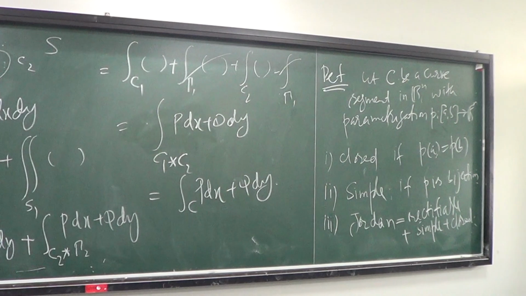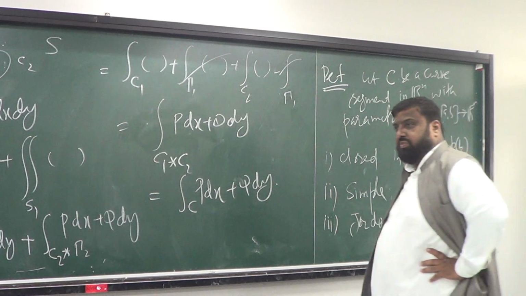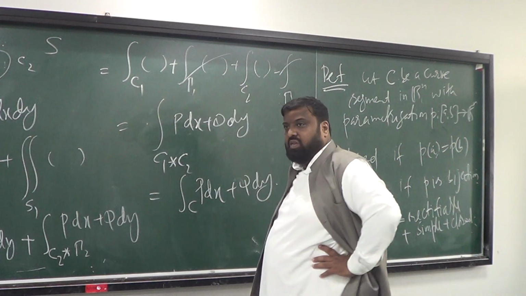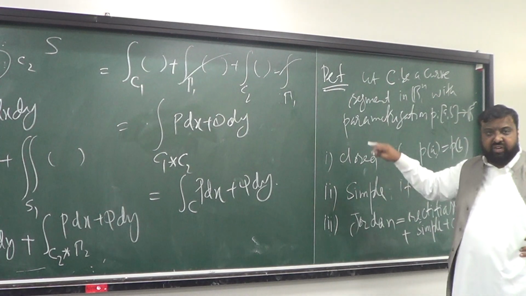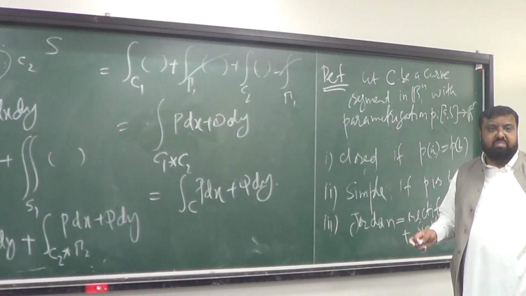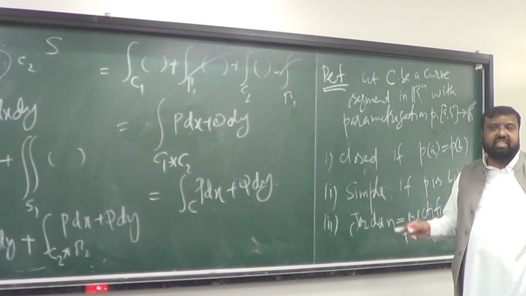Okay, let's first think about it. Can you give me a curve that is closed but not simple? Think about it. It should be closed, start from somewhere and end at the same place, but meanwhile it must intersect with itself.